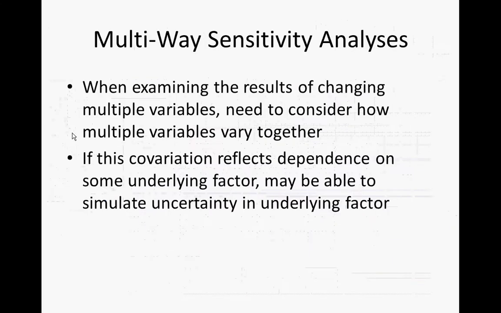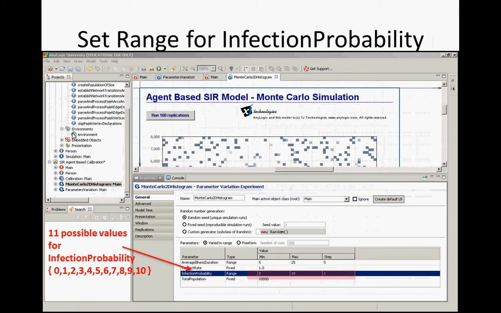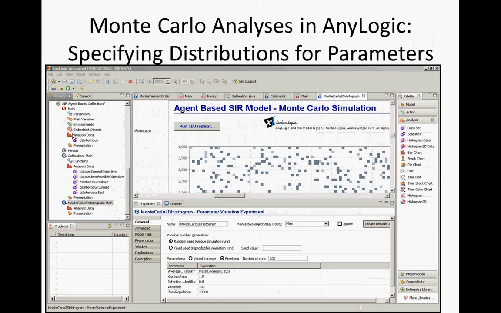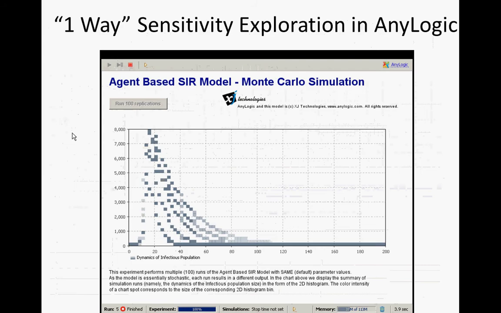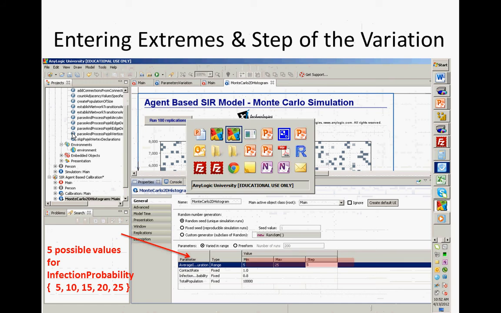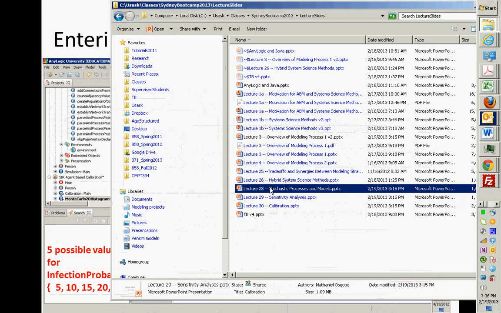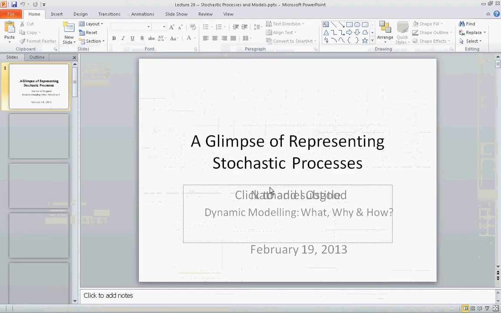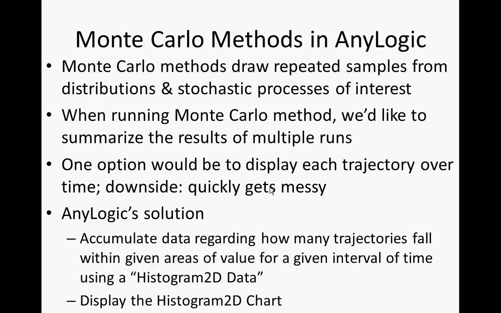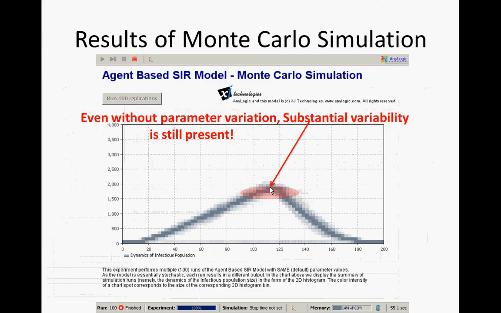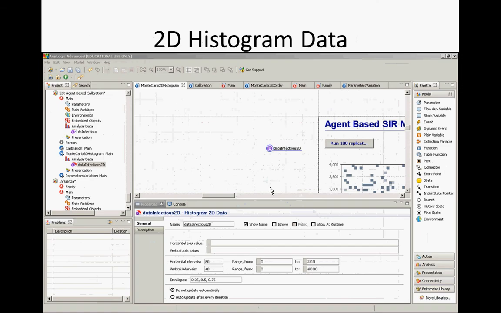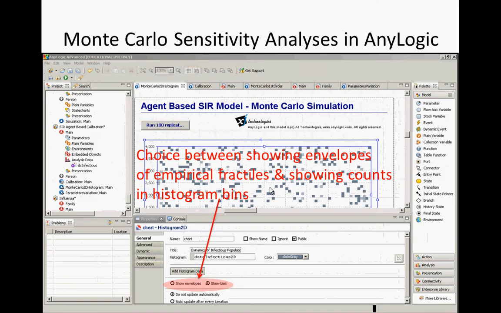This will sometimes be more pronounced, sometimes less pronounced. If we want to interpret that, and I'm going to have to apologize because it's actually in this presentation here, what we'll see is that there's variability about this component, and AnyLogic provides several ways of summarizing this.